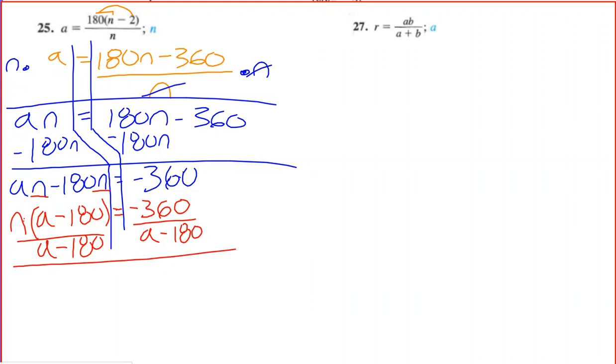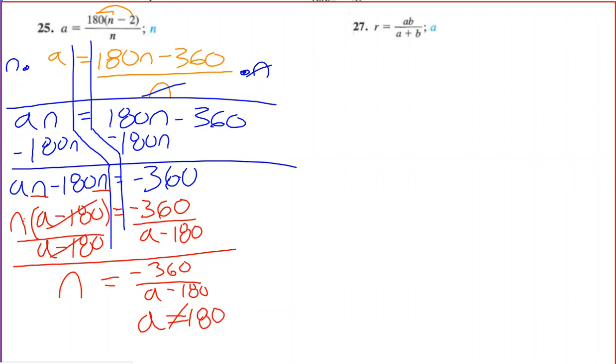And I will get, well, A minus 180 divided by A minus 180 is 1, so it gives me n, and we still have the negative 360 over A minus 180. And so what are my restrictions? Well, I can't have 0 in the denominator, and so A minus 180 cannot equal 0. So I know that if A is equal to 180, that would give me 0. So A cannot equal 180.